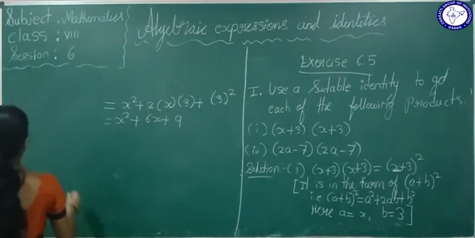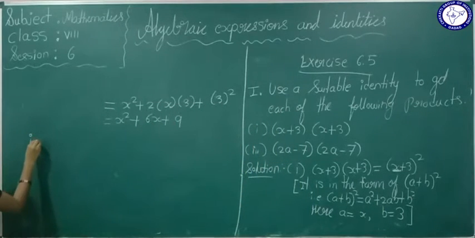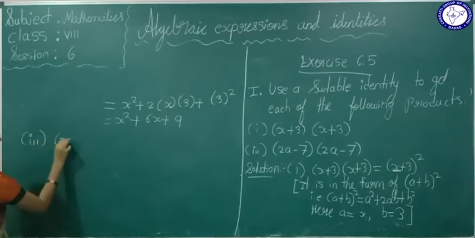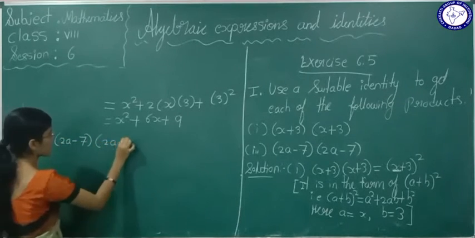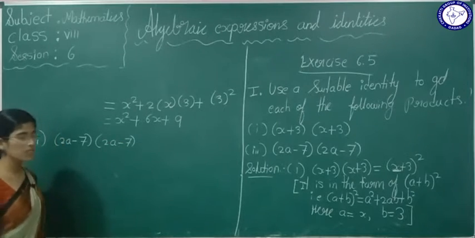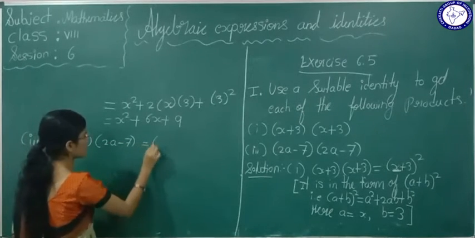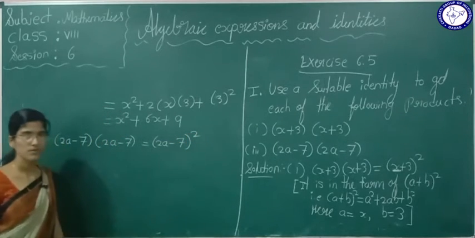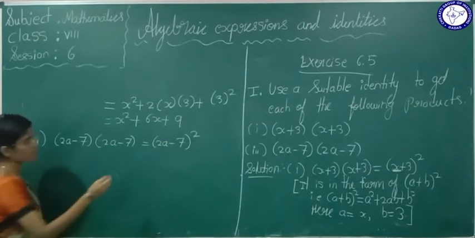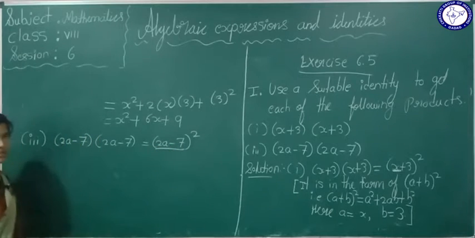In a similar way, we will go for the third one: (2a minus 7) multiplied by (2a minus 7). This can be written as (2a minus 7) the whole square. Now tell me, this is in the form of what?